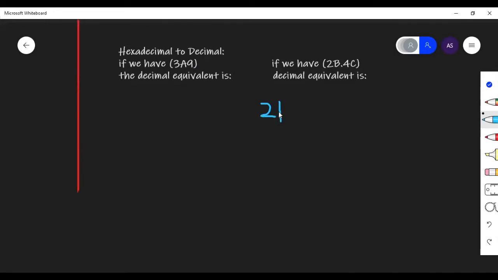The first thing we want to do is write the indexes of all of them. B point, that's not an A, that's a B. 4C. That'll be index 0, index 1, index -1, and index -2.